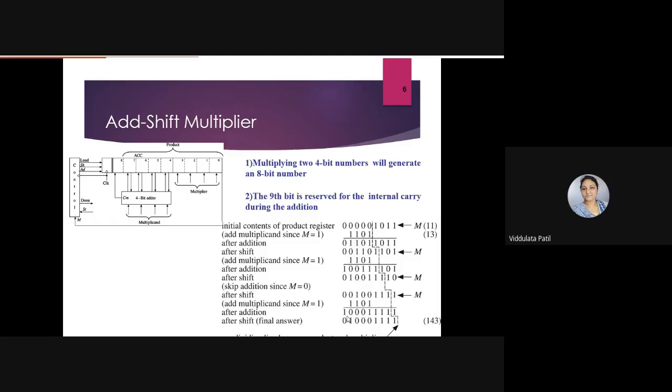Okay, now shift that number right by 1 bit. So you will get the answer 0 1 0 0 0 1 1 1 1. Okay, now skip the carry 9th bit and your answer is 1 0 0 0 1 1 1 1. Okay, so this is your final answer for this multiplication.